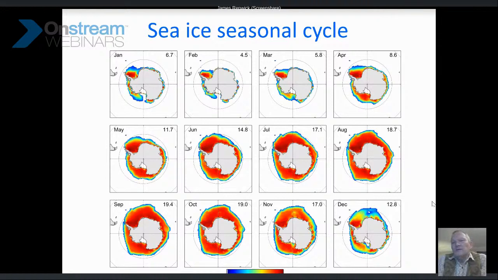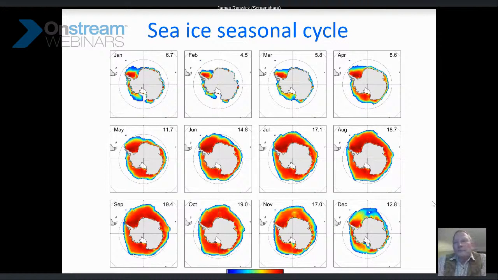So just east of the Greenwich Meridian, in the top part of the plot there, you've got that sort of step in the sea ice edge down towards 60 south. And then over the Central Pacific, there's kind of an elbow or a corner in the sea ice extent where it extends up to about 60 south at about 150 west, but it's much further south on either side of that.